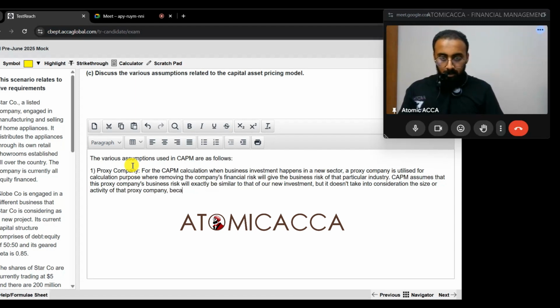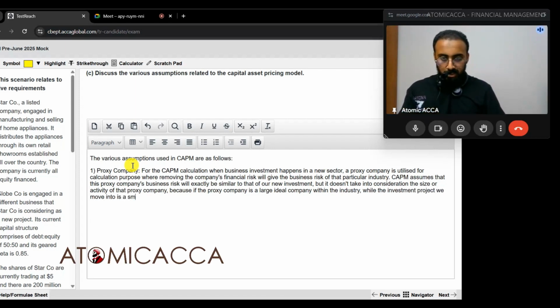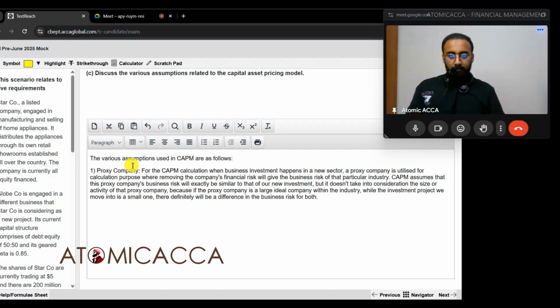Because if the proxy company is a large, ideal company within the industry, while the investment project we move into is a small one, there definitely will be a difference in the business risk for both. Cool. So now we have covered the assumption with the proxy company.